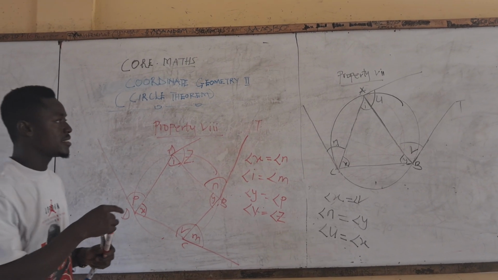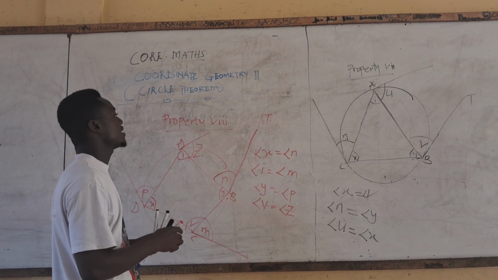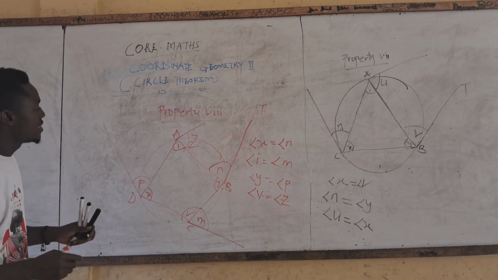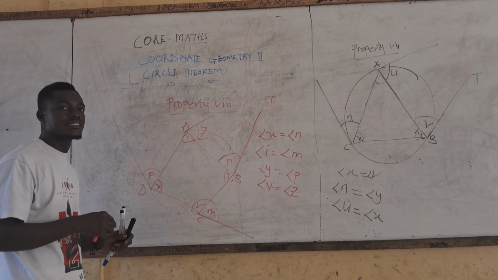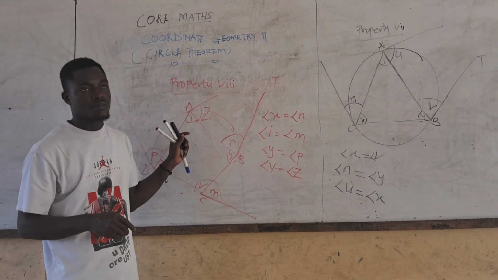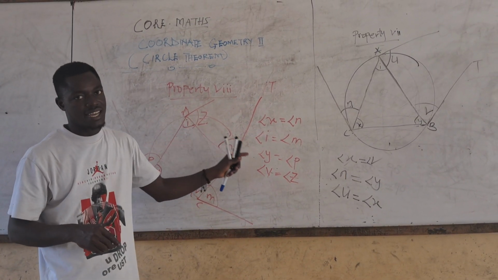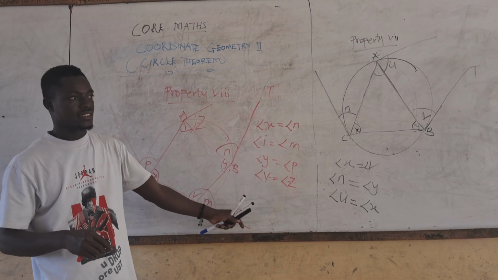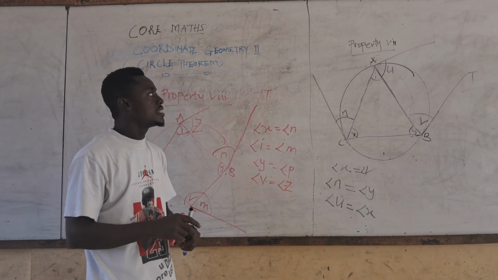This property is saying that the interior angles within a cyclic quadrilateral are equal to the opposite exterior angles. So that's all.